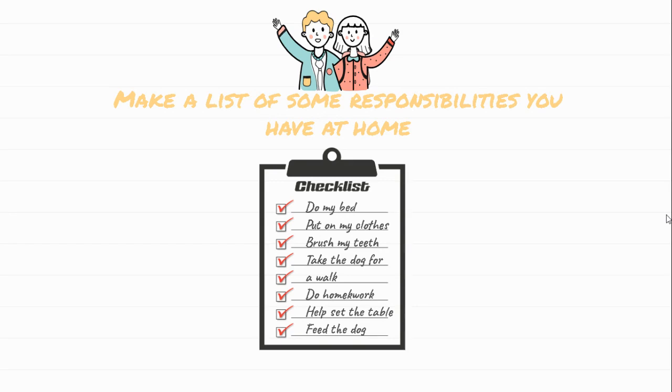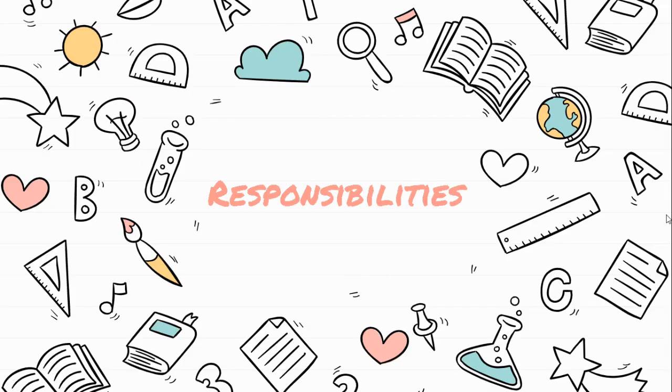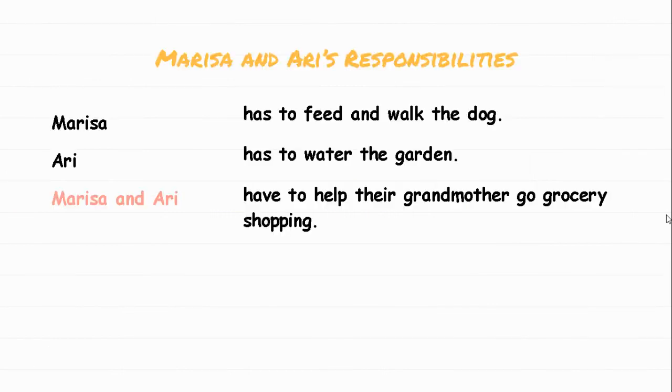So, as you can probably identify, today we're going to talk about responsibilities. About the responsibilities we have at home or at school and in different places. So let's see this example. Marisa has to feed and walk the dog because we're going to talk about Marisa and Ari's responsibilities.